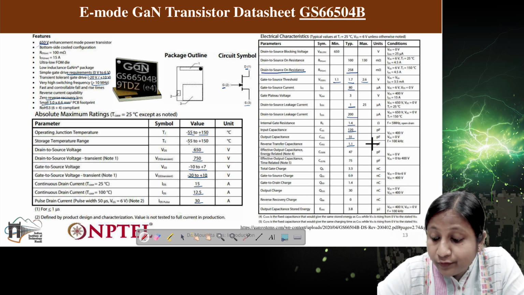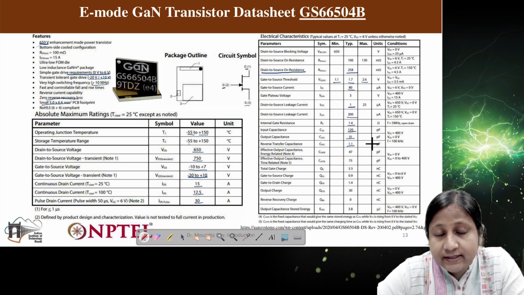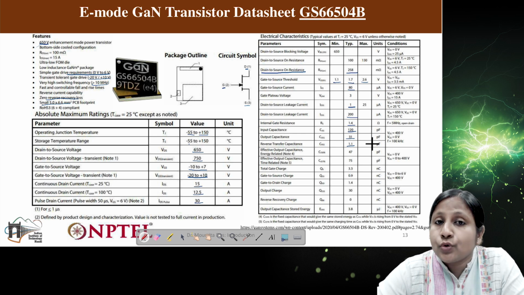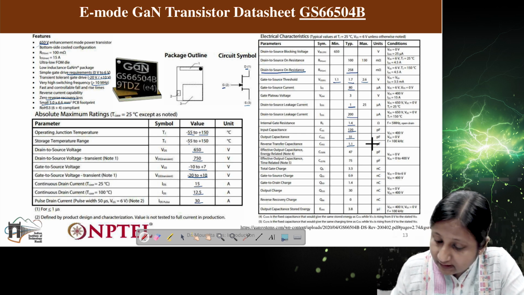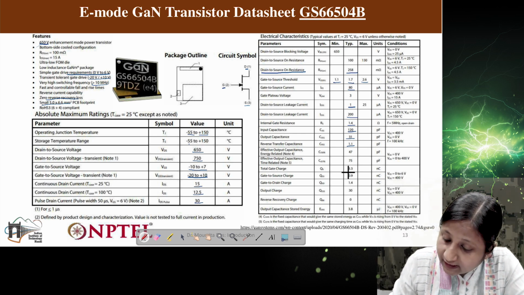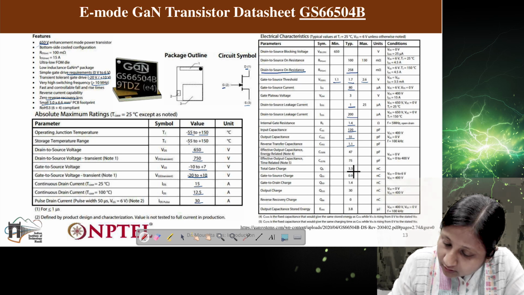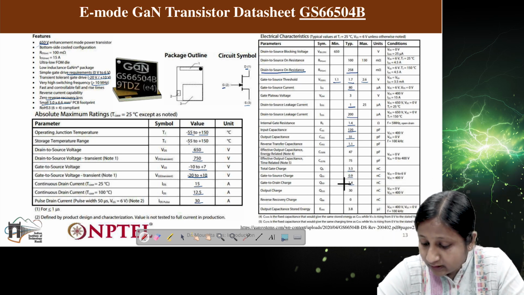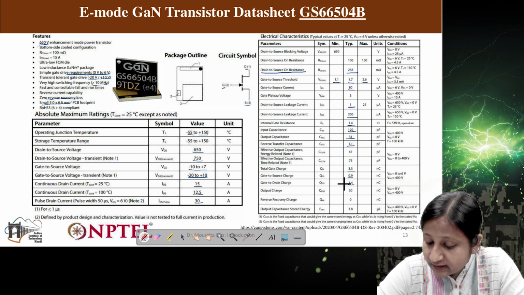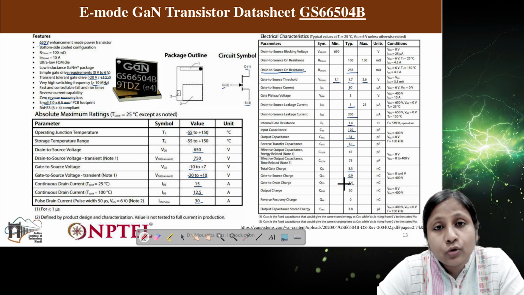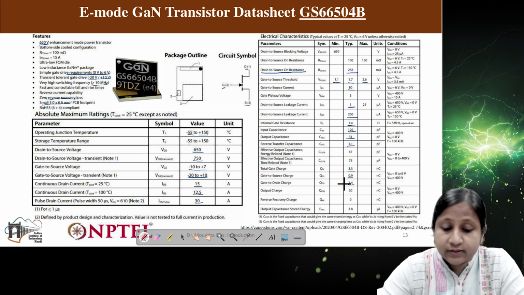The very low value of these parasitic capacitances allow the device to operate at high frequency. Because the gate charge requirement is very low in this particular device. So this is the reason the device is suitable to operate at very high frequency.